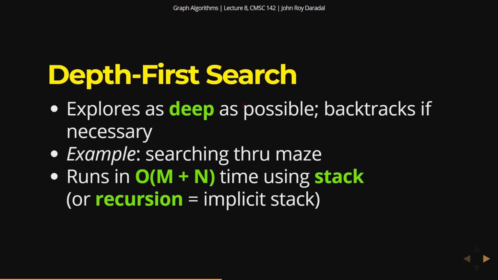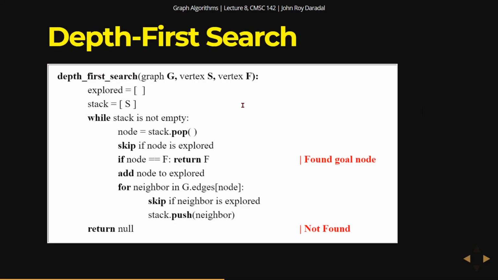Or if you use recursion, there is an implicit stack, but either way, it uses the last in, first out method. So the last neighbor that you added would be the first fringe node that you will take out. Later on, we will see how that works for depth first search. For DFS, again, it's similar to the generic graph search.